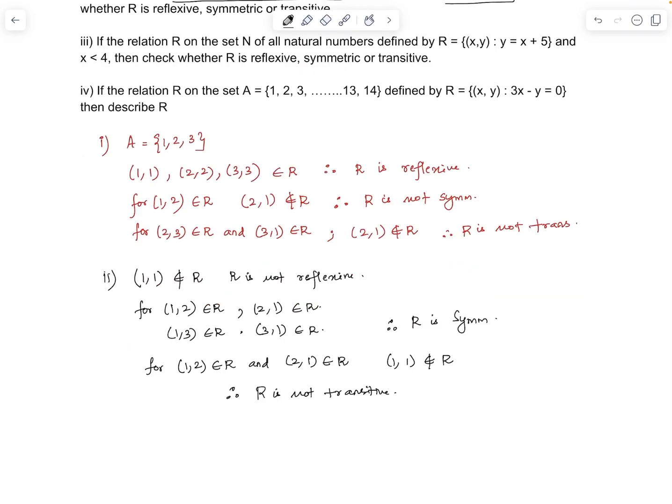Question 3. If the relation R on set N, that is the set of natural numbers, is defined by R equal to the set of ordered pairs (x, y) such that y is equal to x plus 5 and x is less than 4, then check whether R is reflexive, symmetric or transitive.